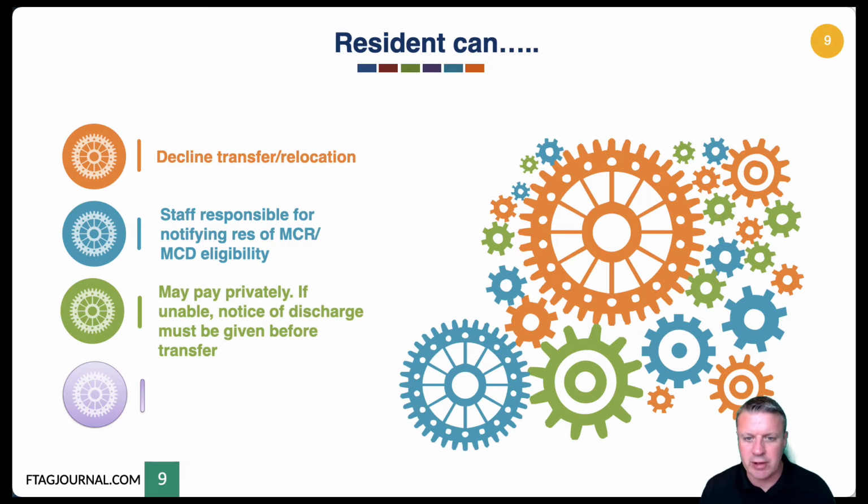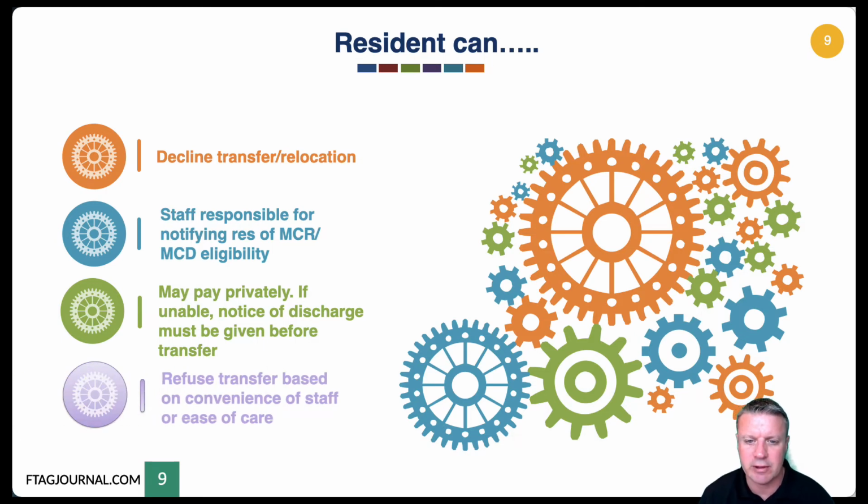Of course the resident can pay privately if they don't want to move and they've got a ton of money. Let's say they're not on Medicare, not on Medicaid, or even if their family has money but they qualify for Medicaid, they can stay there. But if they are unable to pay, then the facility has to give a notice of discharge before they can move them to the other part of the facility that has the appropriate certification for their new payer source. And hopefully I've made that clear.